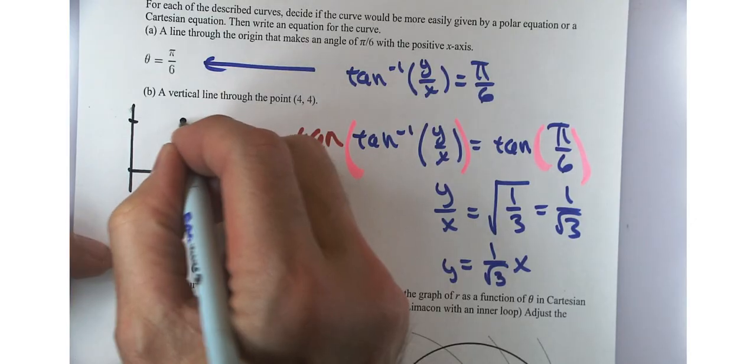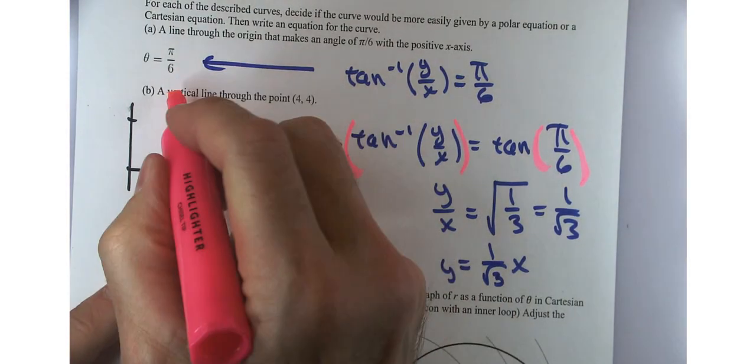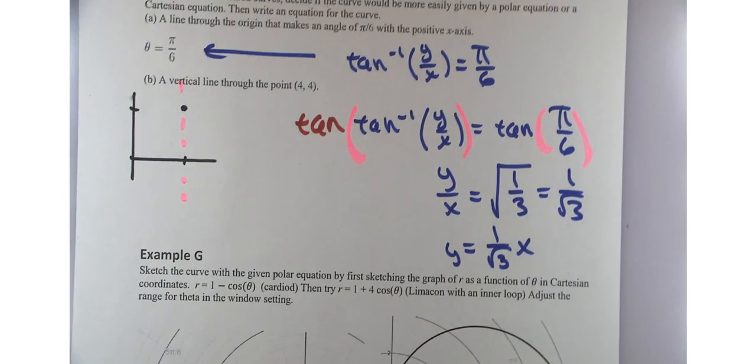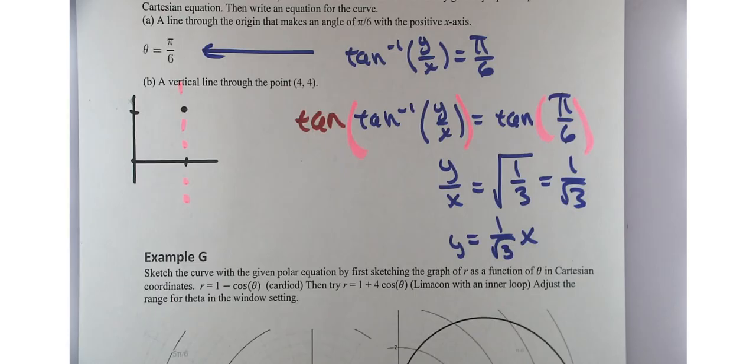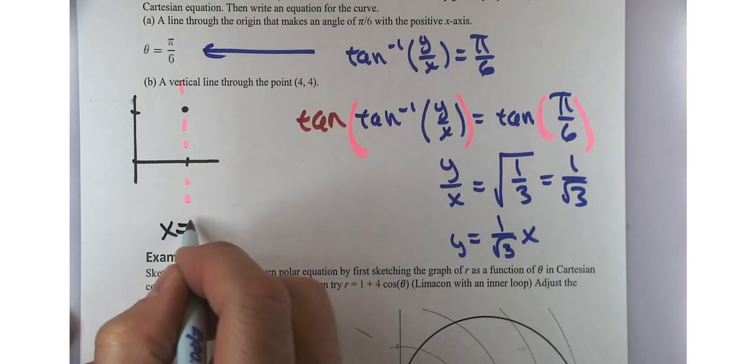We've got a vertical line through this point. What's the equation of that vertical line going to be? X equals 4. Great.